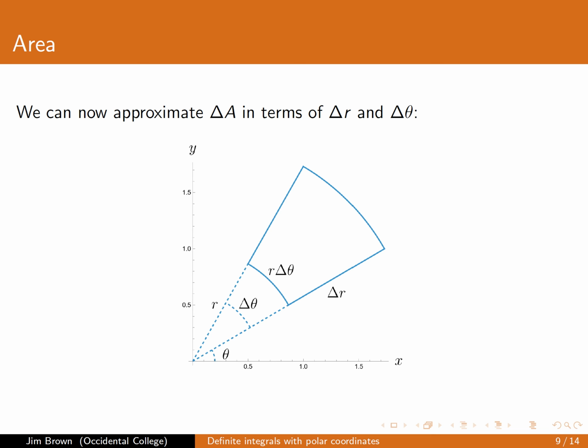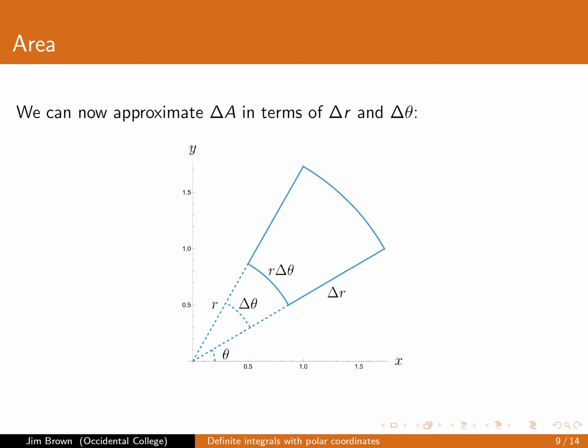Think of this as being r units out from the origin, and we have an angle of theta to get to here. Now we're taking a little bit of change in r, so we're lengthening our radius just a little bit, and we're extending our theta by just a little bit with a little delta theta.